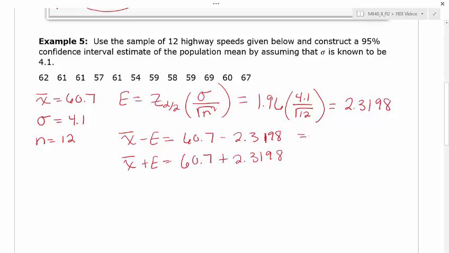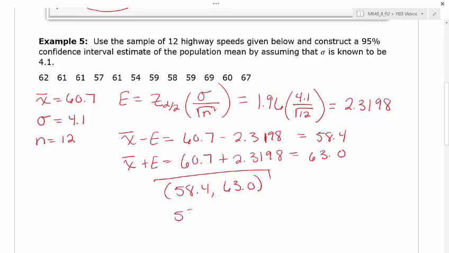So when you subtract these and round, you should get 58.4. And then when you add the error, you should get 63.0. So our confidence interval is 58.4 to 63.0. Or instead of writing it as interval notation, you could write it using the inequalities as well. So that would be 58.4 is less than mu, the mean, is less than 63.0.